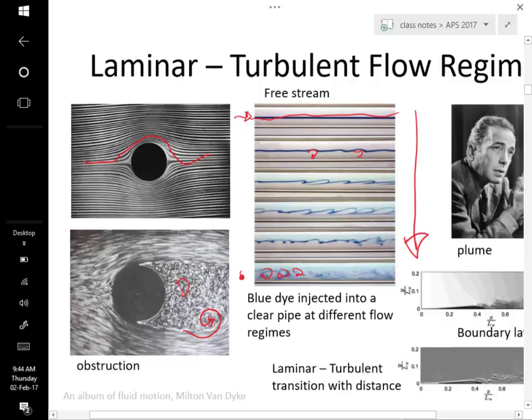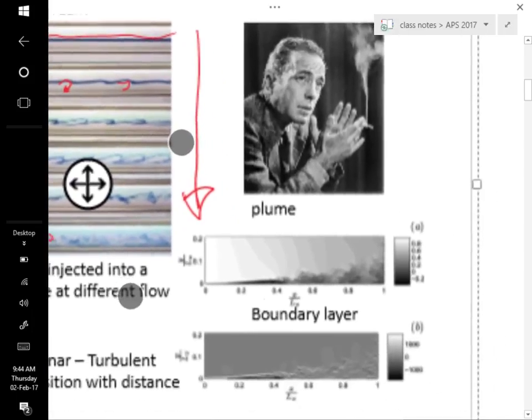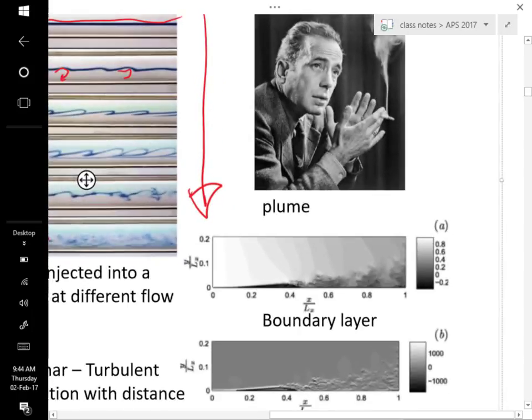So we probably have much smaller vortices here than what we saw with those big undulating patterns downstream from in the previous slide. And then another place where we'll be getting this laminar to turbulent transition is along boundaries.